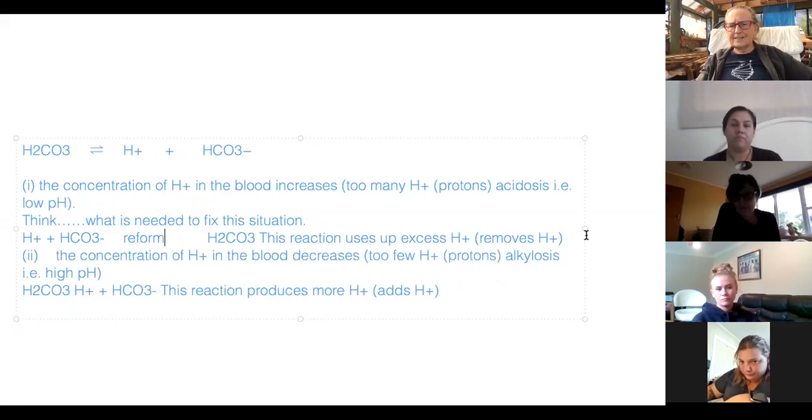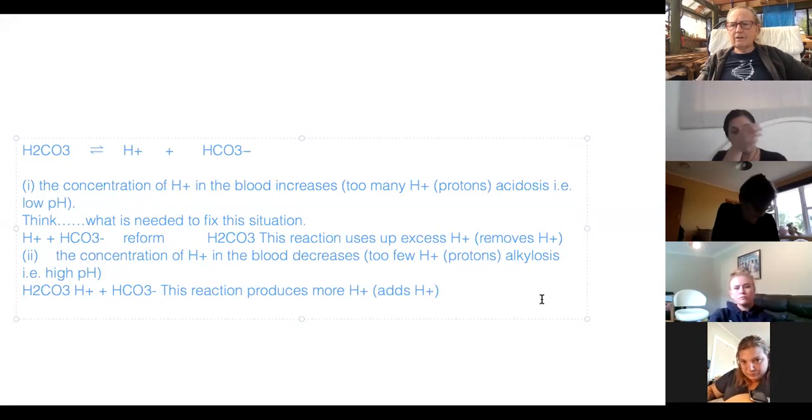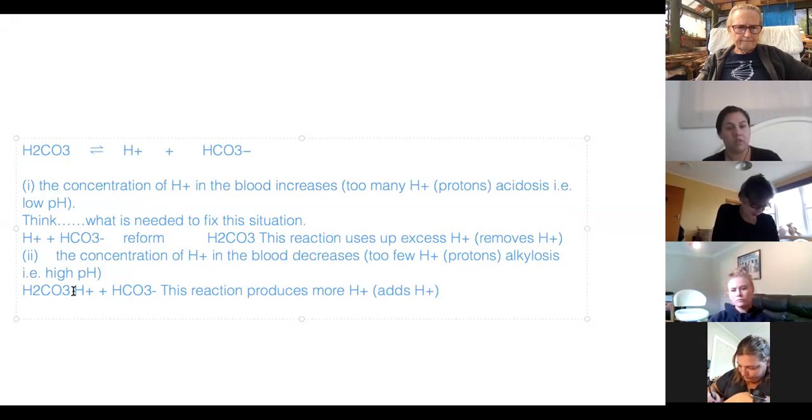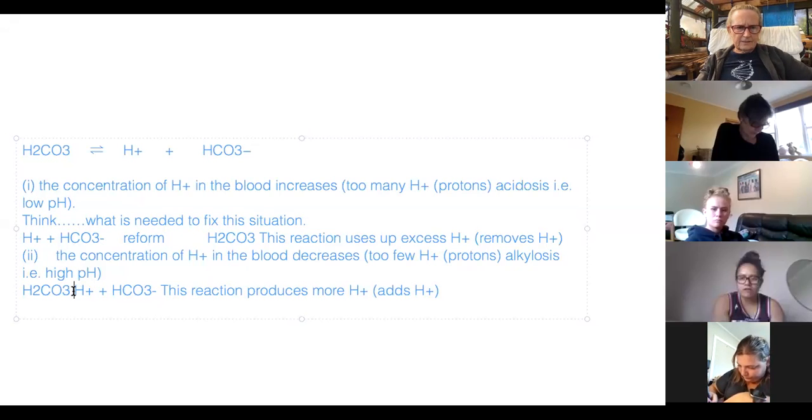The blood is not acidic enough. What's it called? Alkalosis. That's right, alkalosis. That's high pH. How can we fix that? That's right.